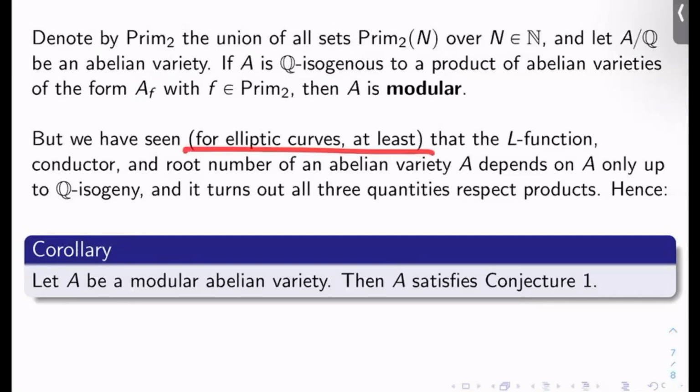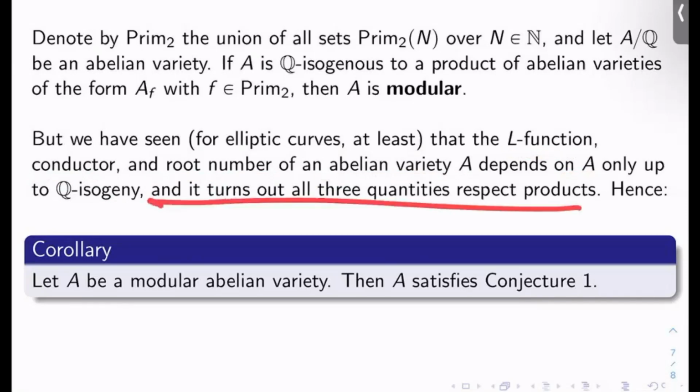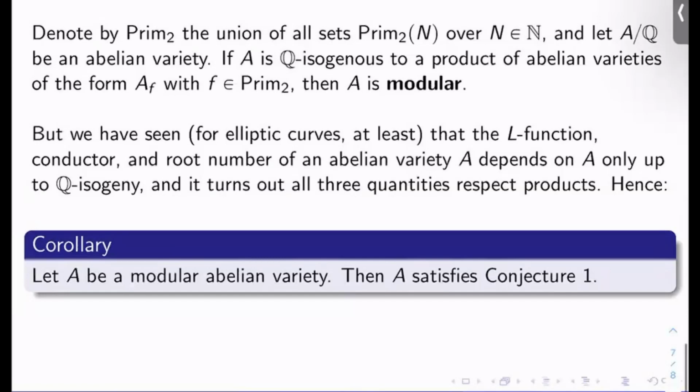We have seen for elliptic curves at least, but it's true for abelian varieties, that the L function, conductor and root number of an abelian variety A depend only on A up to Q-isogeny. Okay, and it turns out that all three of these quantities respect products as well. For example, the product of conductors is the conductor of the product, and the same for root numbers and so on. This is all basically Carayol's theorem.